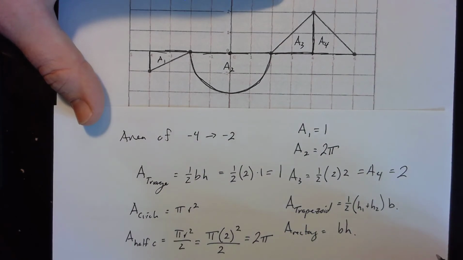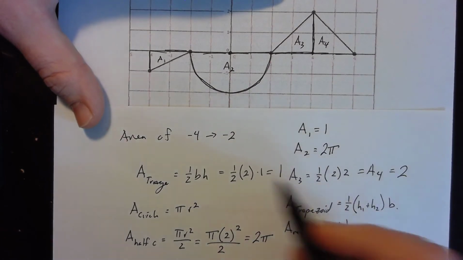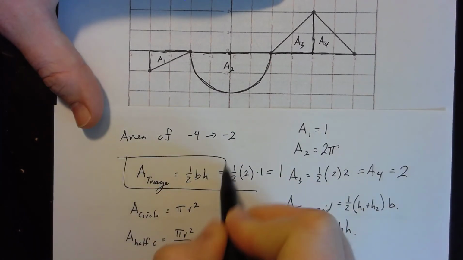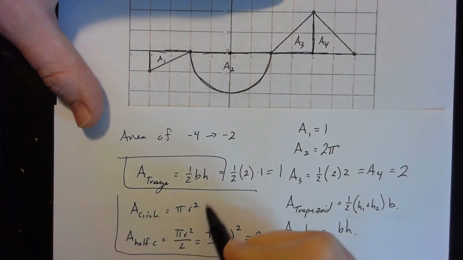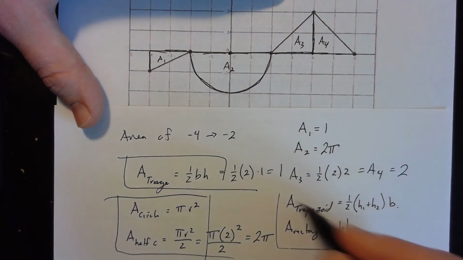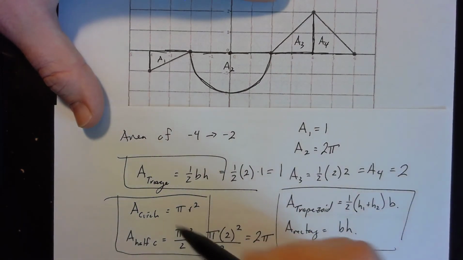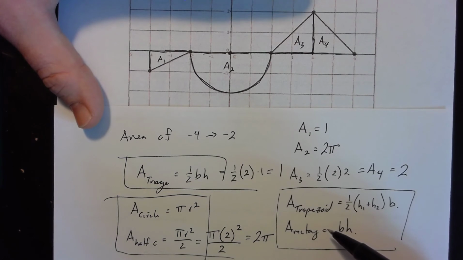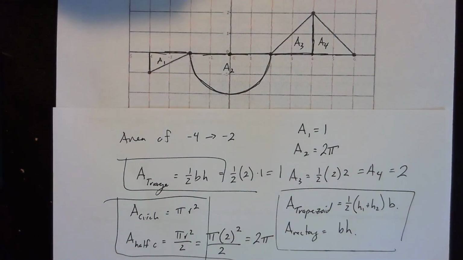There are a few other ones that you might want to look into, but the majority of formulas that we're going to play with are triangle, circle and half circle, and then the trapezoid and the rectangle. These area formulas will allow us to evaluate, not approximate, any area under the curve that appears like one of these four options. We're going to use these formulas to answer the next following questions.